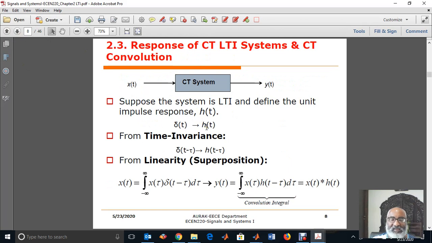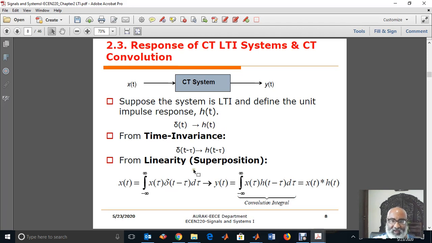We call h of t the impulse response. Why do we call it impulse response? Because the input is impulse and we are expecting a response for that impulse. So we denote it with a small letter h, and we call it h of t.